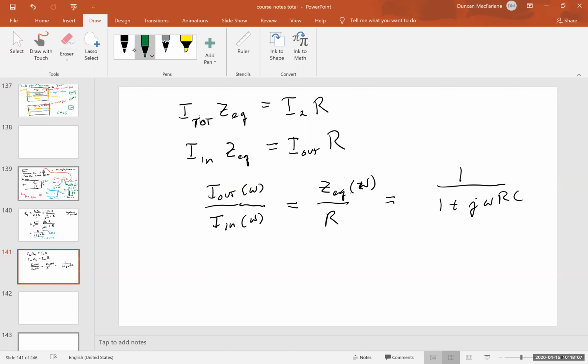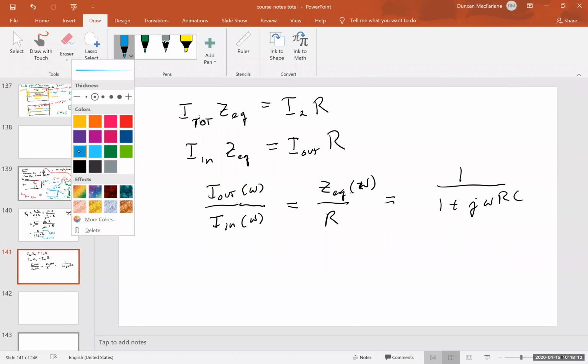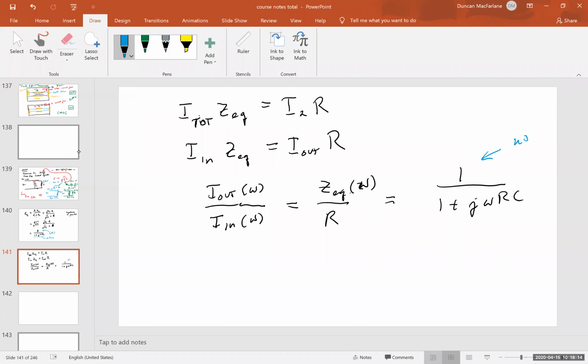And this is very similar to what we had before, but there's no omega in the numerator. Same denominator as before, as our high pass filter.